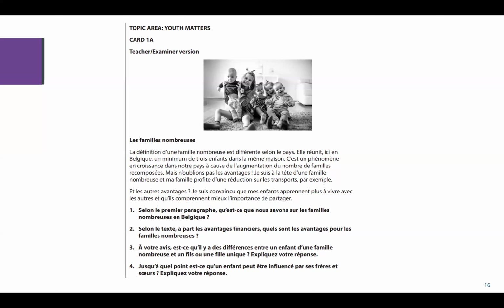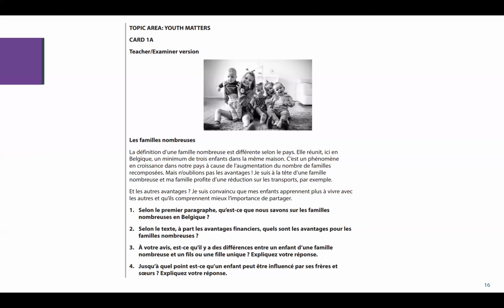You can see that they have to give something factual, and then they have to explain it. So, in your opinion, are there any differences between a child who comes from a big family and a child that's an only child? Explain your answer. So they need to give their own personal opinion, and they need to substantiate that as well.